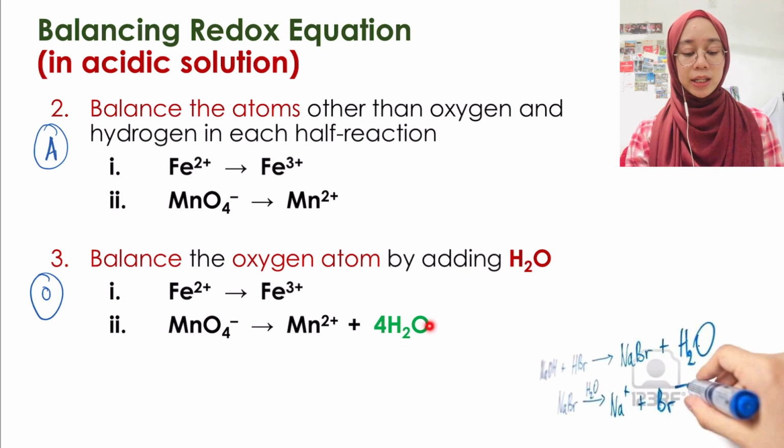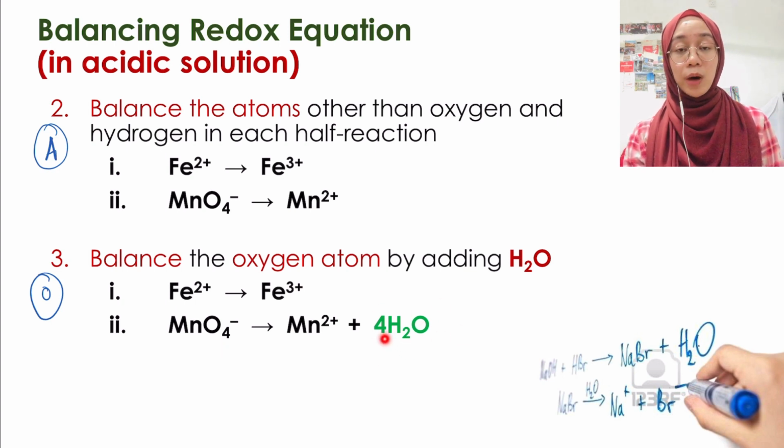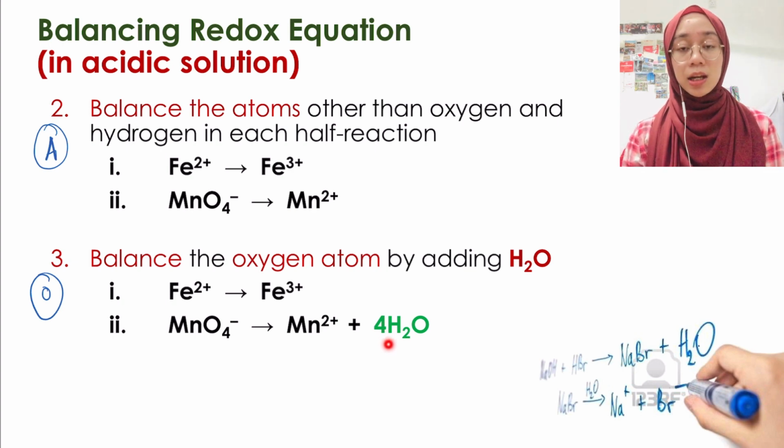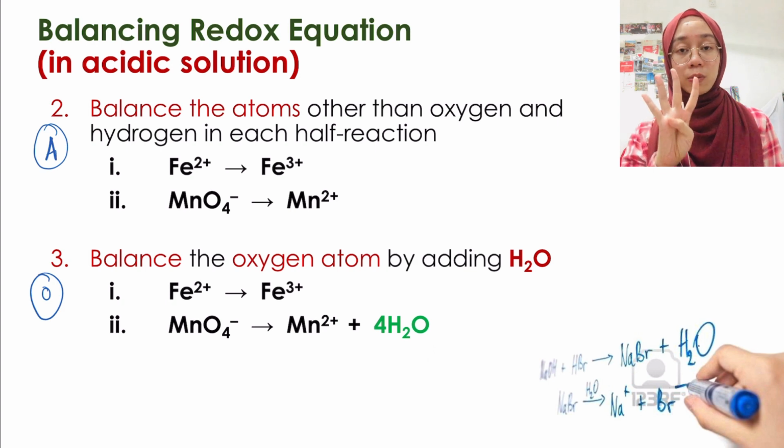So that is why kita kena tambah yang sebelah kanan ni, sebab dia yang tak ada oxygen. So in order for us to balance the oxygen, we need to add water. Tambah 4 lah, because 1 water consists of only 1 oxygen, therefore we need to add 4 moles of water. Okay, so kita tambah 4 water kat sini.